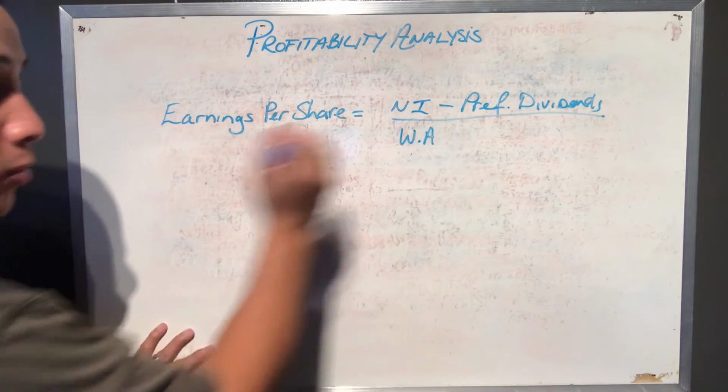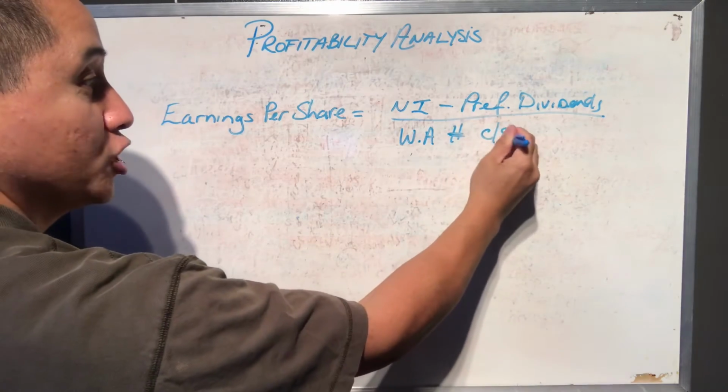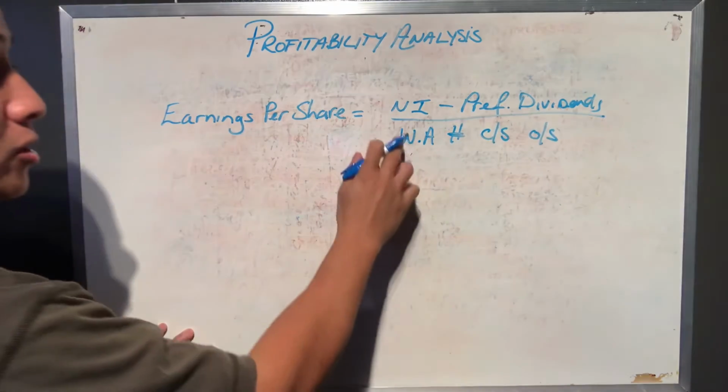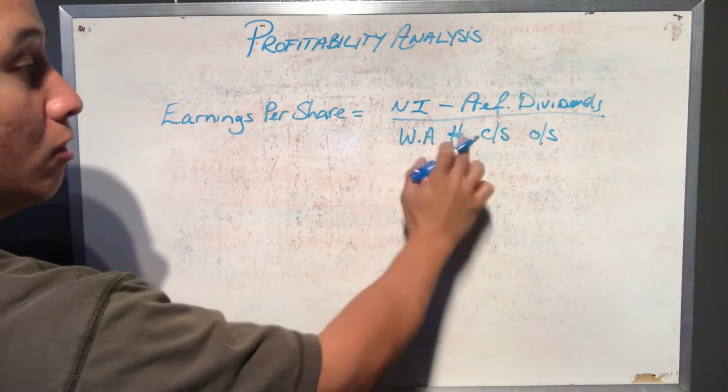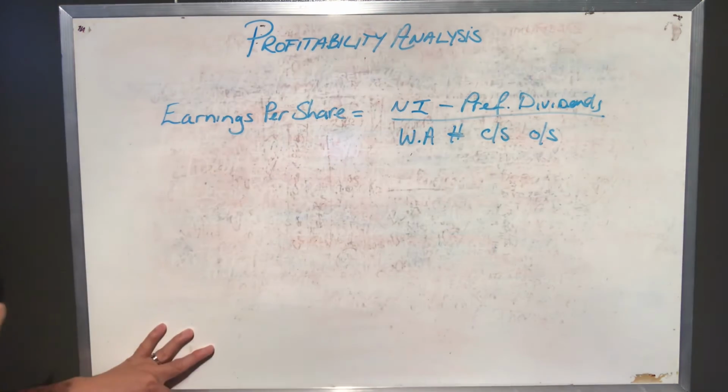So I'll just designate weighted average as that. So weighted average number of common shares outstanding. So net income minus preferred dividends all over weighted average number of common shares outstanding.